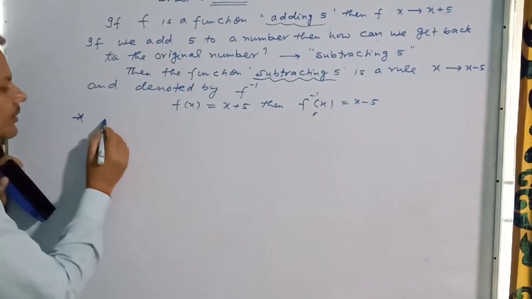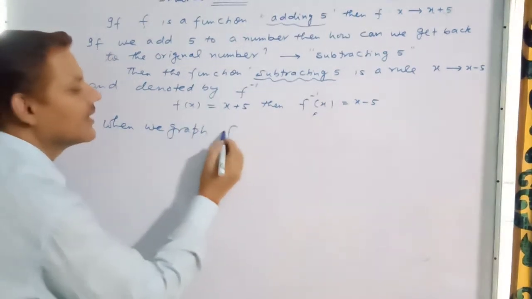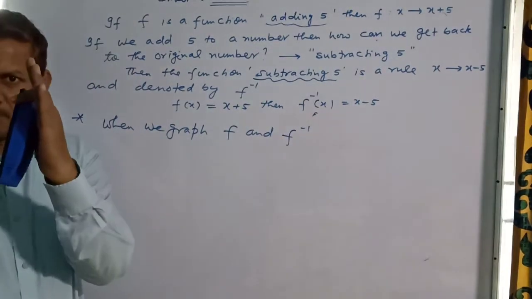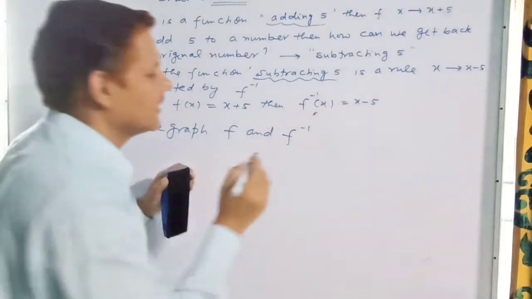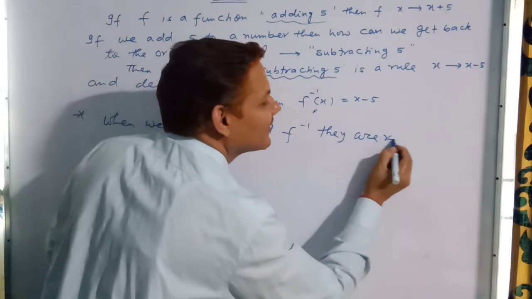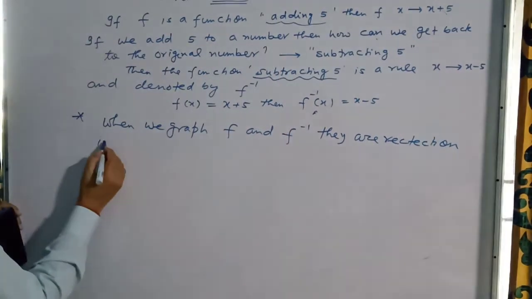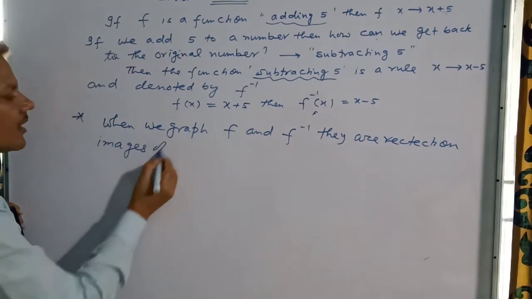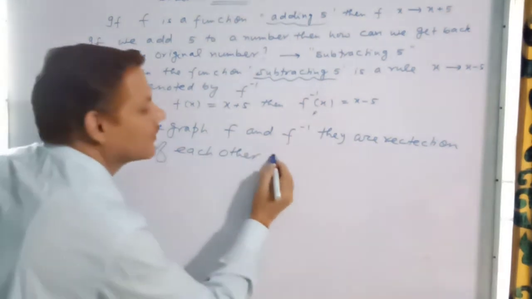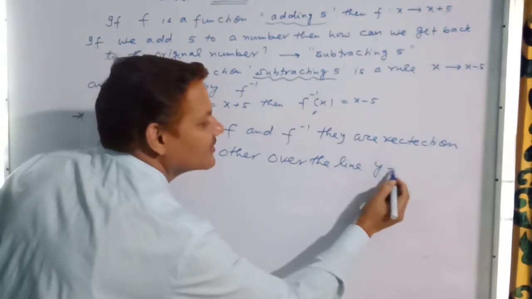This is an important note: when we make the graph of f and f inverse, then they are reflection images of each other over the line y is equal to x.